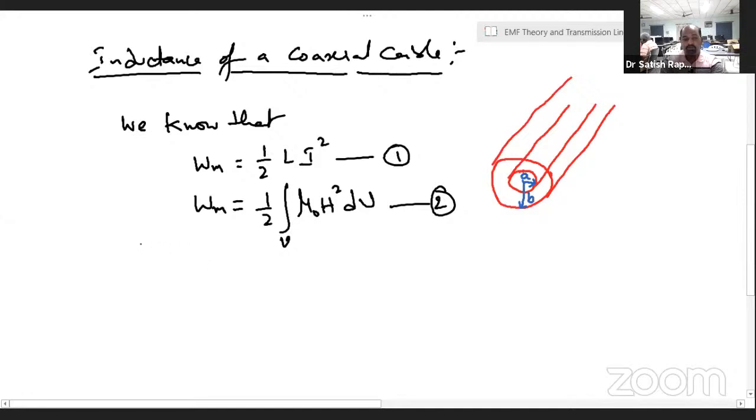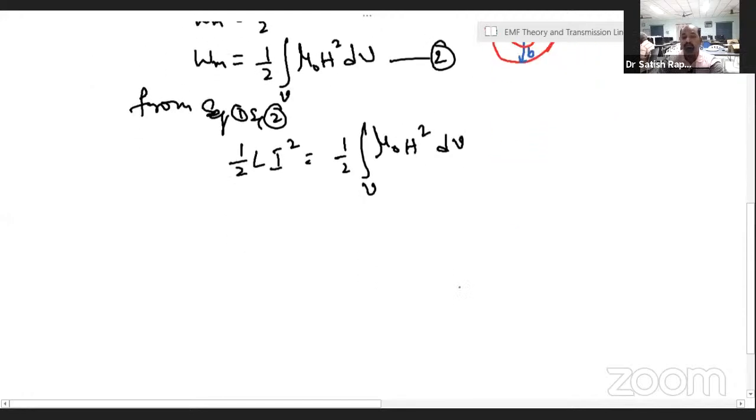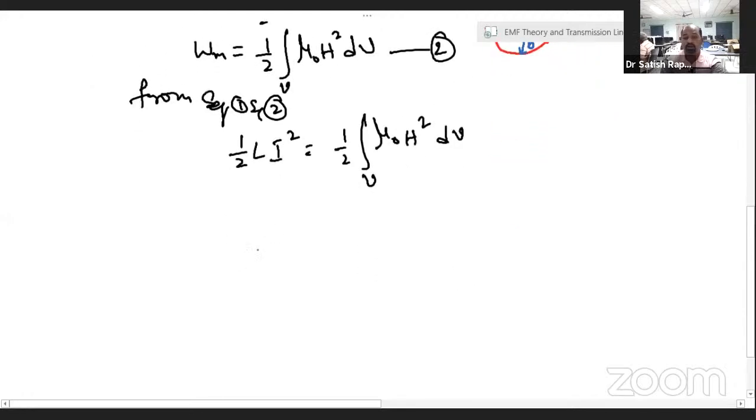From equations 1 and 2, we can write half Li squared is equal to half volume integral of mu naught H squared dV. What we require is inductance, we are calculating inductance.